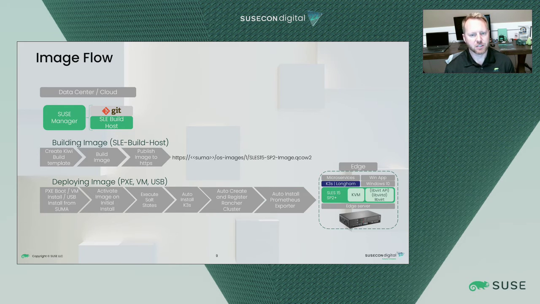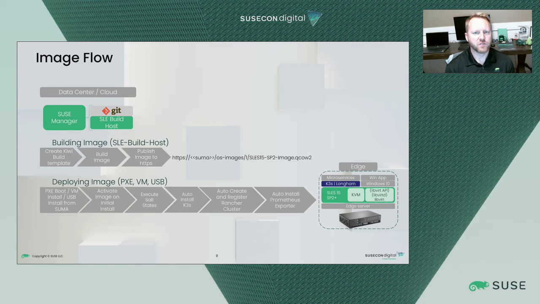That template points to a YAML file that is typically out in GitHub. So you point to a GitHub source repository that has that YAML file in it, and then you build the image utilizing that build template.